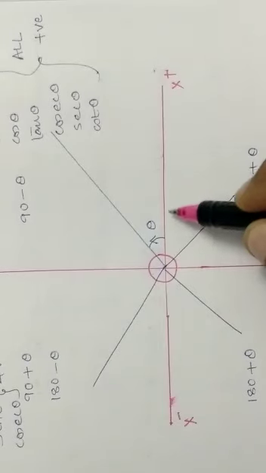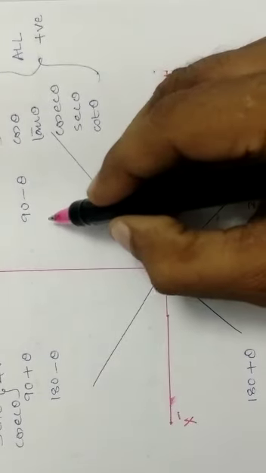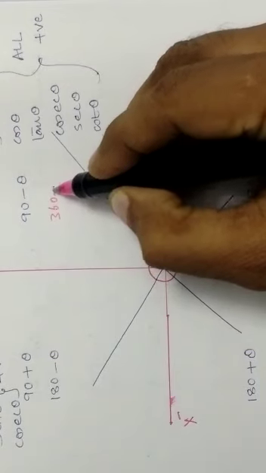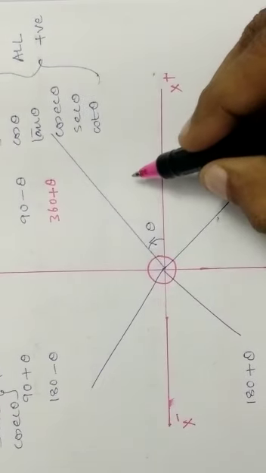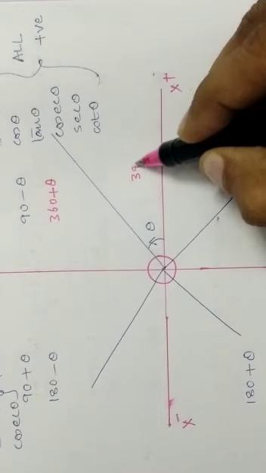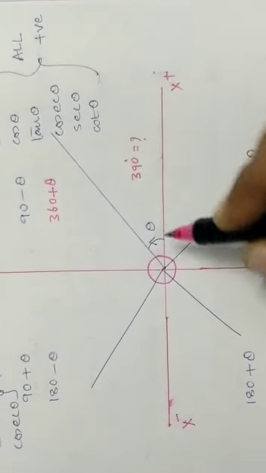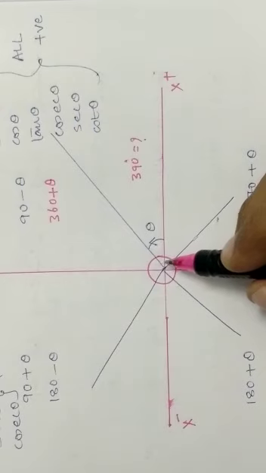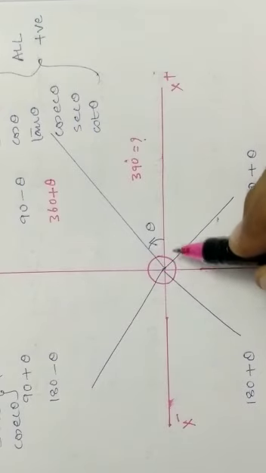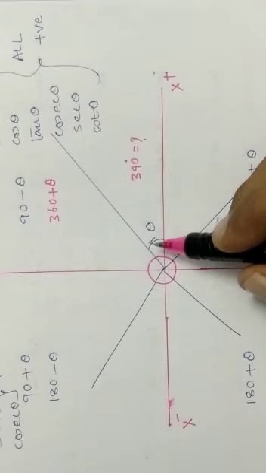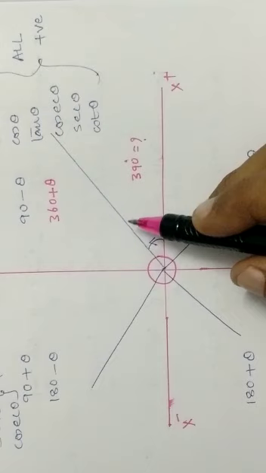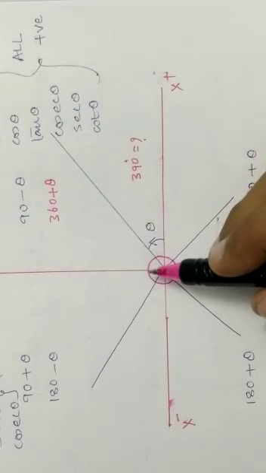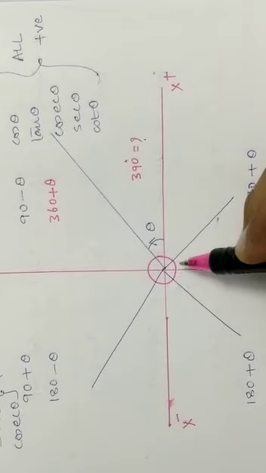If it is more than 360, it again comes to the first quadrant. So 360 plus theta means, what is the meaning of 390 degrees? 390 degrees means after completion of the first rotation of 360 degrees, the ray has still taken 30 degrees more even after completion of the first rotation.